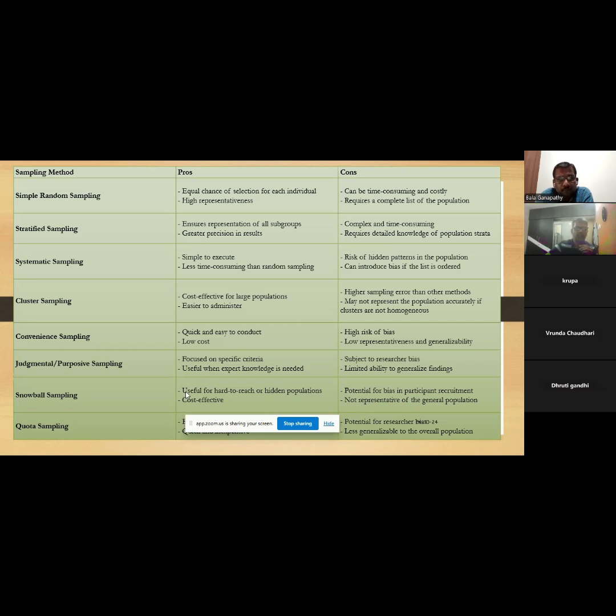We cannot reach all the students, but from one student we can get the data, and we can tell that student, if you know people with the same kind of characteristics, then you can share this sheet with them and get it filled. So one will catch the other one, that one will catch another one, and it will reach everywhere. This is called snowball sampling.